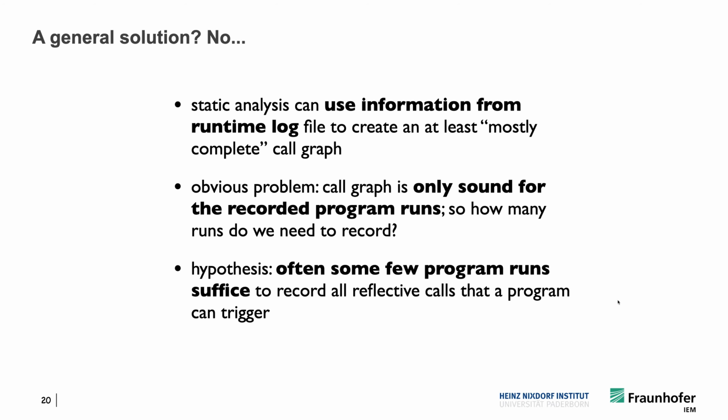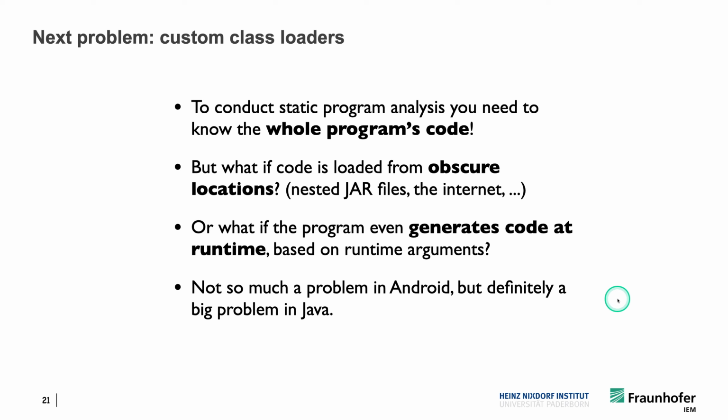Before I get to this though, I want to explain how we deal with another important and interesting problem, namely custom class loaders. To conduct a static program analysis, we need to know the whole program's code, right? At least if it's an interprocedural analysis.